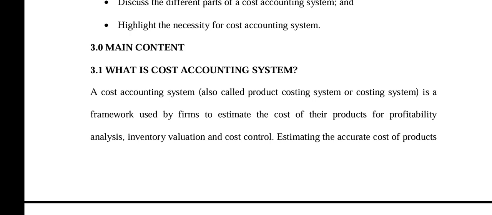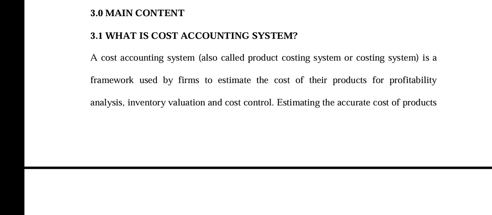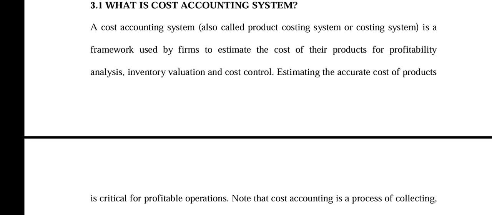The establishment of a cost accounting system will help us to note that. Then cost control, which is the last of it, and I believe we all know what cost control is all about. So this is what a cost accounting system is all about.